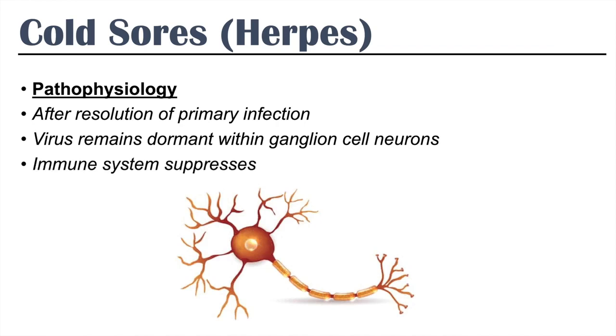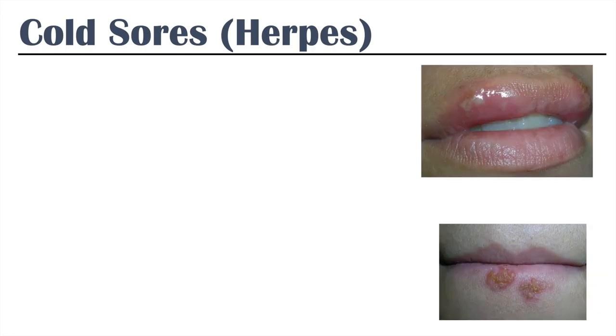So the HSV or herpes simplex virus hangs around in ganglion cell neurons, and really your immune system basically keeps them in check and suppresses them and keeps them within the neuron, and you're not going to have any symptoms until you have something that causes a recurrent infection.